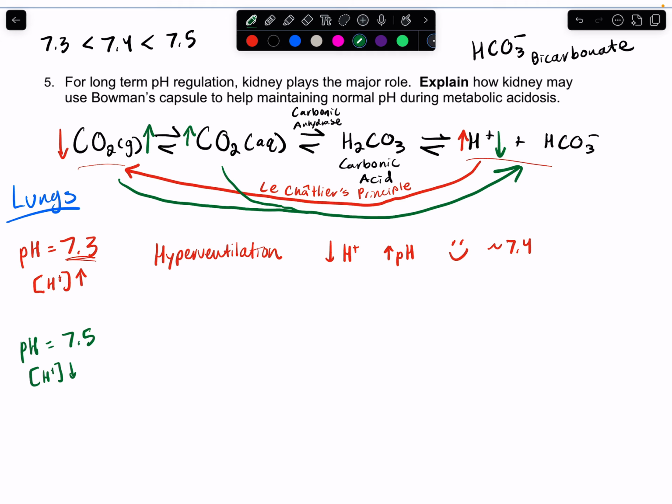Now, there's kind of two ways that the body can do this, which are not ideal. And they're to either slow breathing or stop breathing.